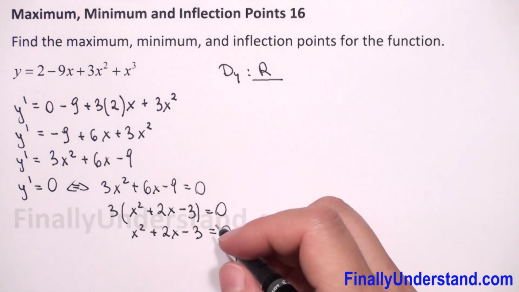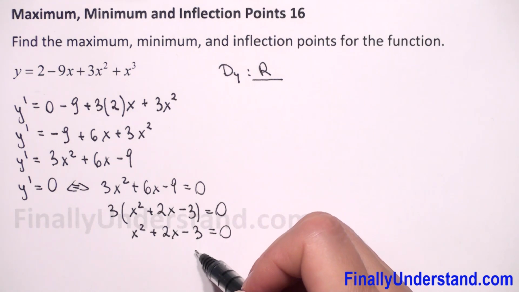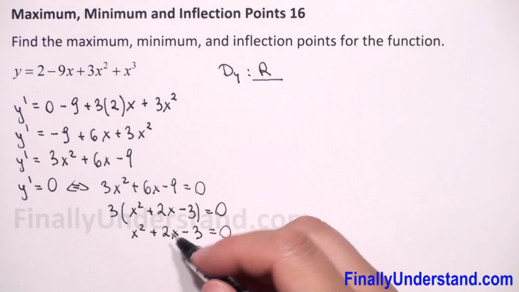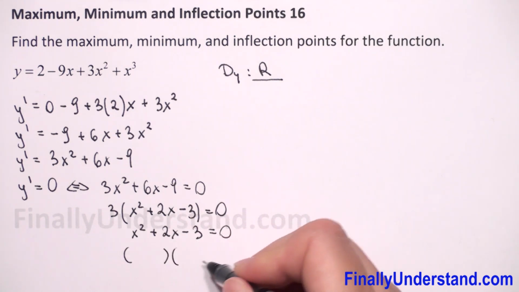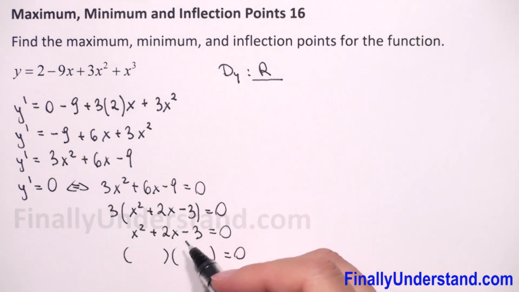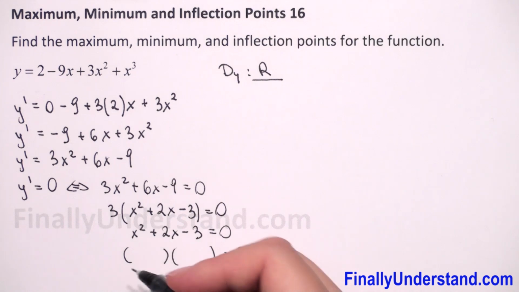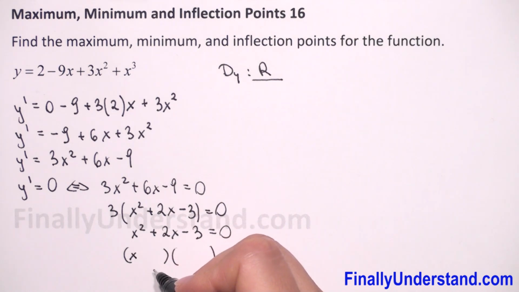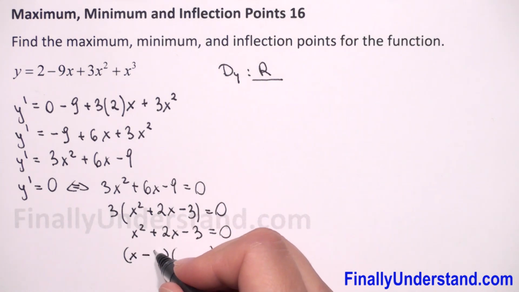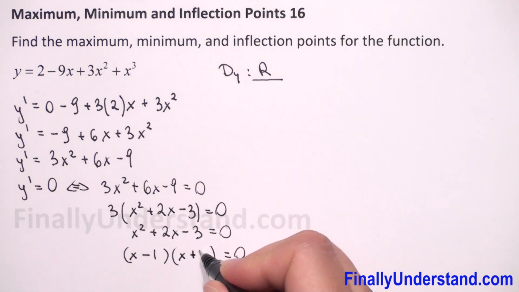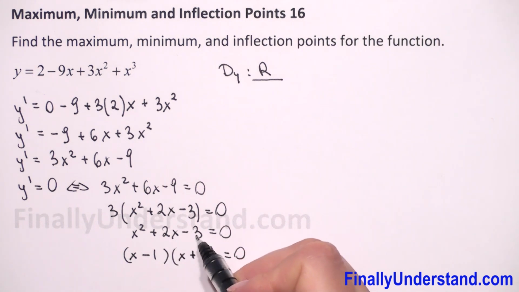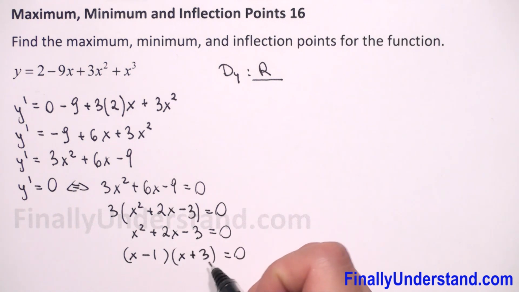Now we have to factorize this expression. We have to find two numbers which multiplied by each other give negative 3, and when I add them, I will have positive 2. So it will be negative 1 and 3, because negative 1 times 3 is negative 3 and negative 1 plus 3 is 2.